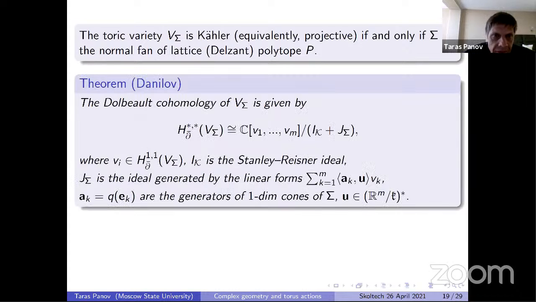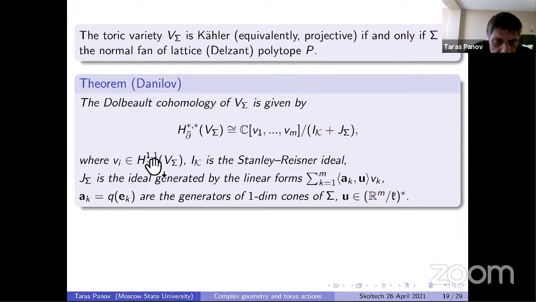But whether it's projective or not, you can calculate the Dolbeault cohomology. That's an old result of Danilov from the 70s: the Dolbeault cohomology of a smooth toric variety, a toric manifold, is generated by classes of degree (1,1). The Hodge rhombus is just one line, so everything sits on the diagonal.